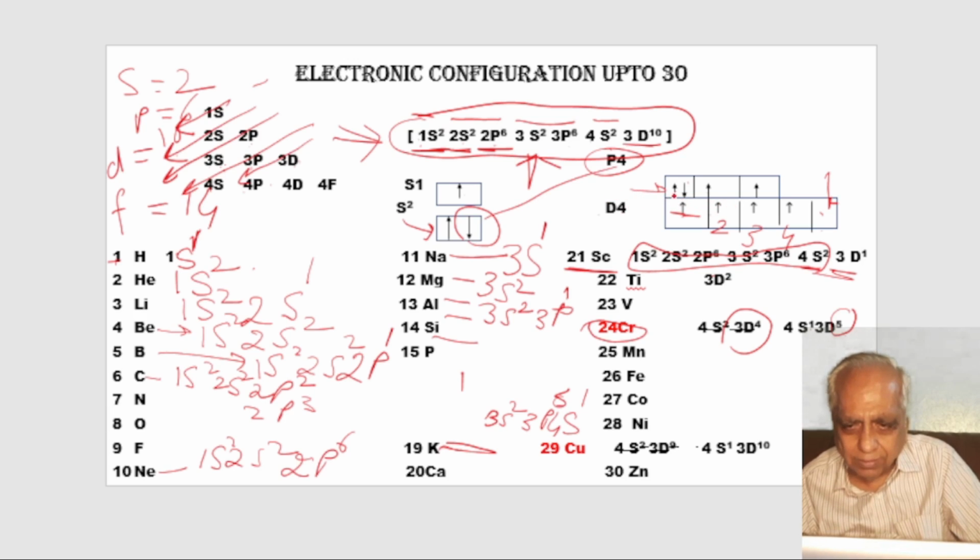In 11th we will be studying in detail why this energy difference is there. Now I will just tell you a simple rule. They say that when this becomes half full or full, then the electron from here jumps here because then this becomes a more stable condition. So this is the exception.